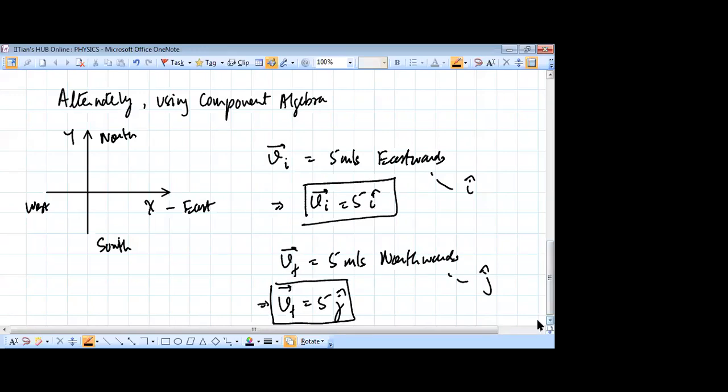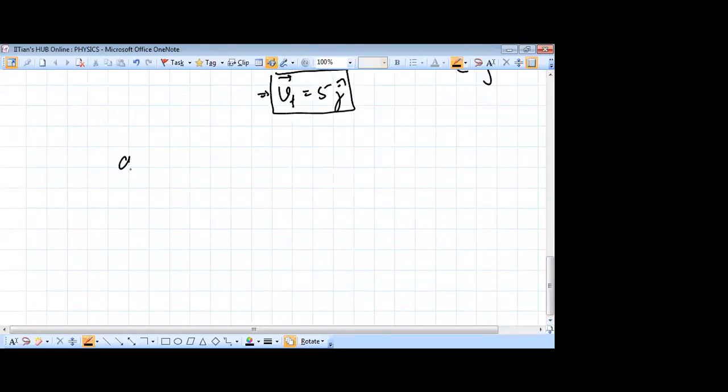So our average acceleration, which is change in velocity upon change in time, will become 5 j cap minus 5 i cap divided by 10 seconds, in meters per second.